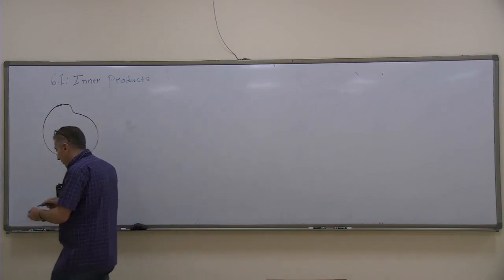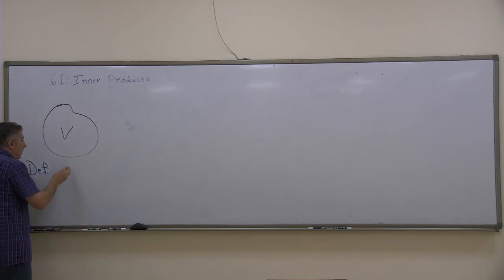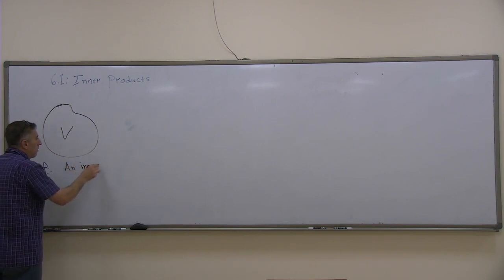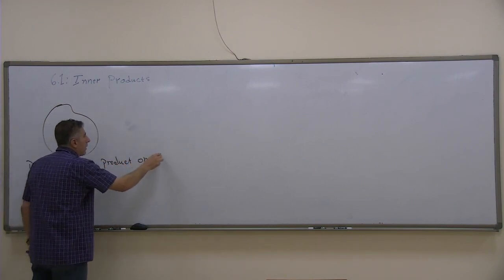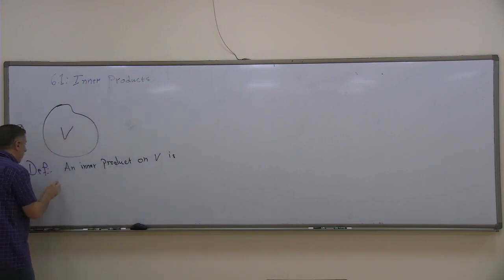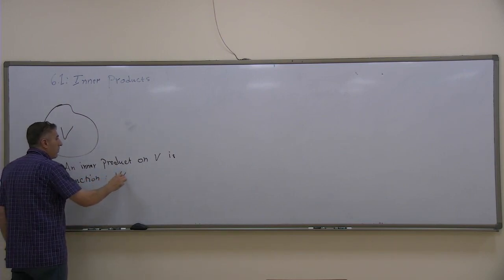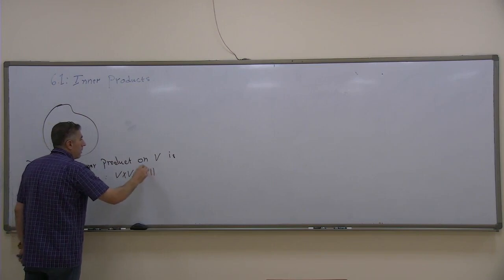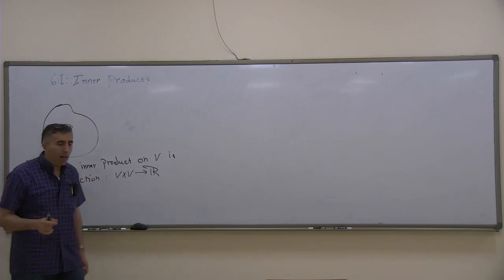So I start here by definition. An inner product on V is a function from V cross V to the real numbers that satisfies certain conditions.